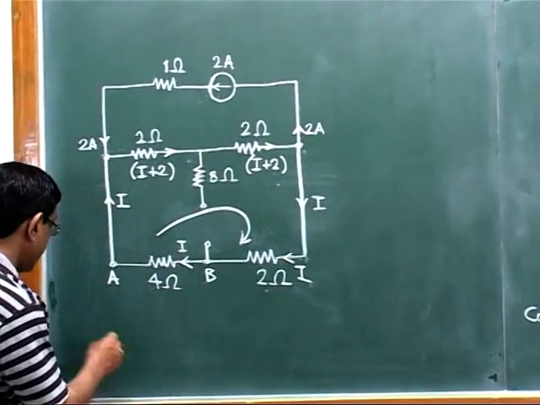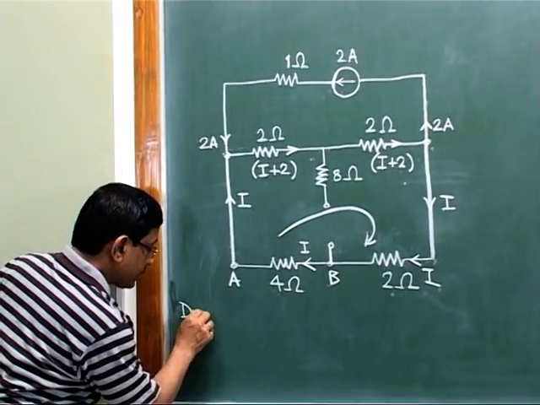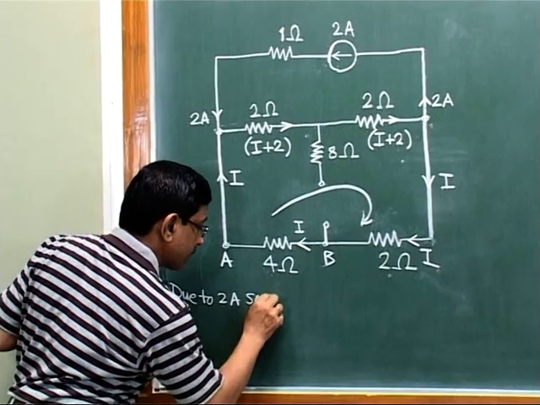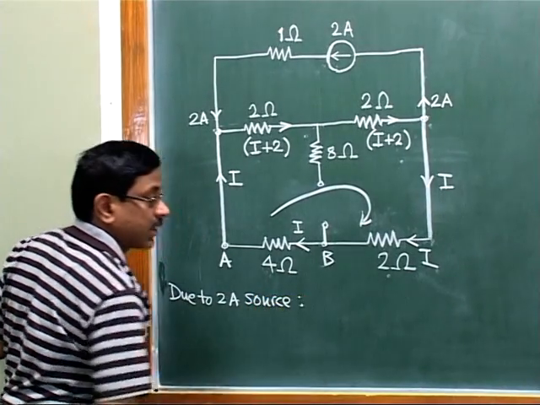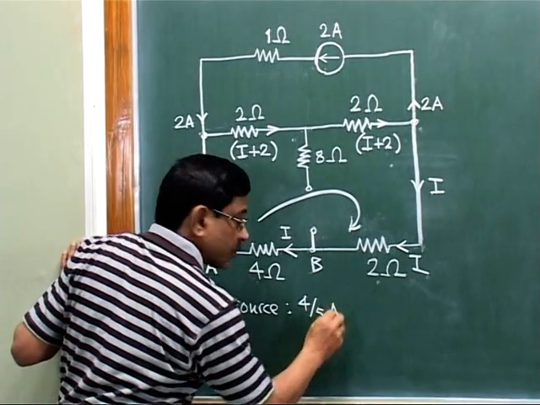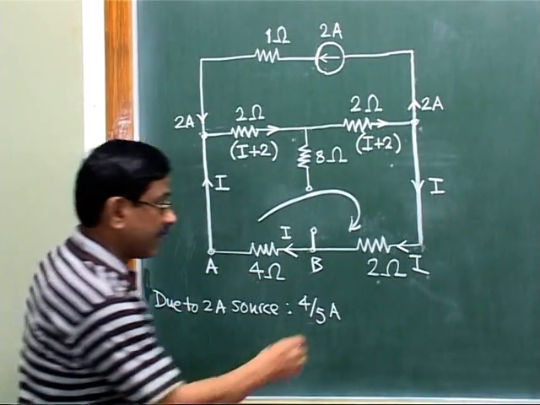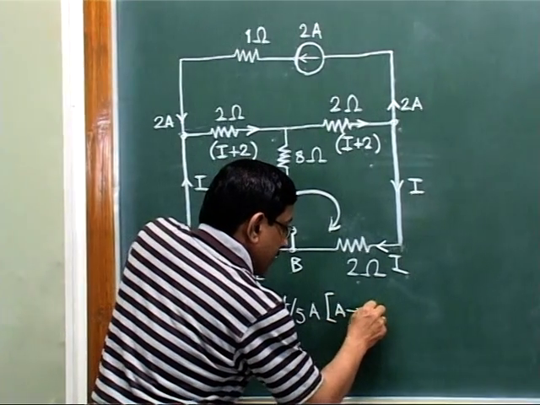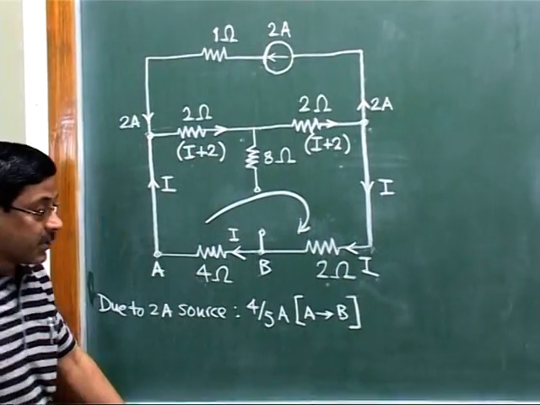Somewhere here we will write that due to 2 ampere source, and what is our conclusion? 4 by 5 ampere, because we will need all these results at the end, and it will be from A to B. So here I will just record all the results step by step.